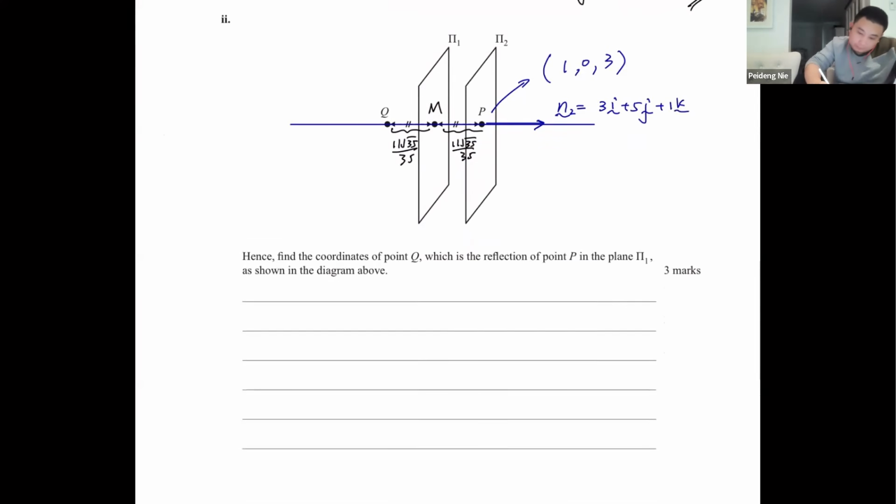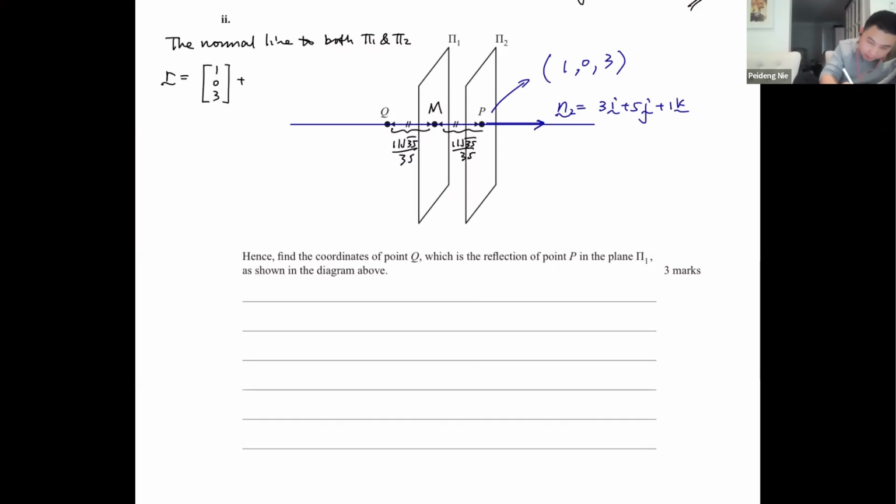So now I'm writing down something above. The normal line to both pi 1 and pi 2 is given by r equals (1, 0, 3) plus t times (3, 5, minus 1).